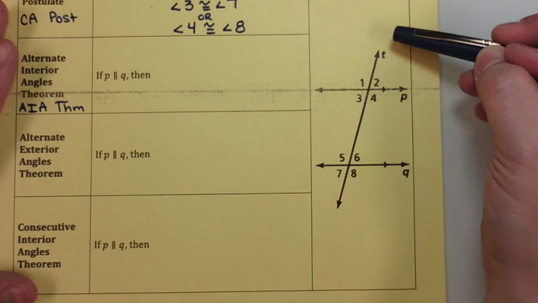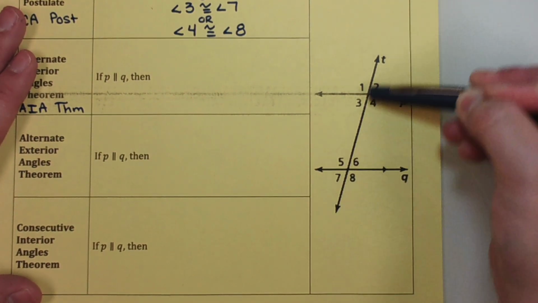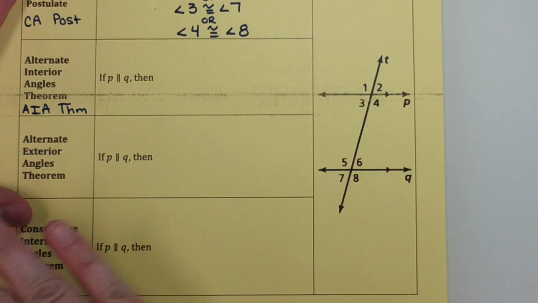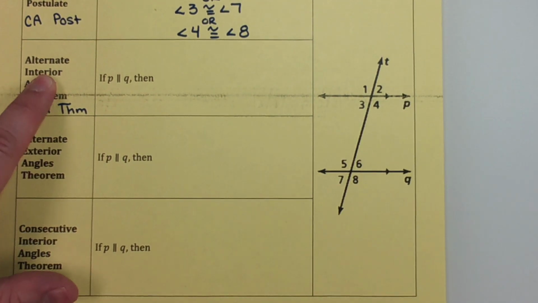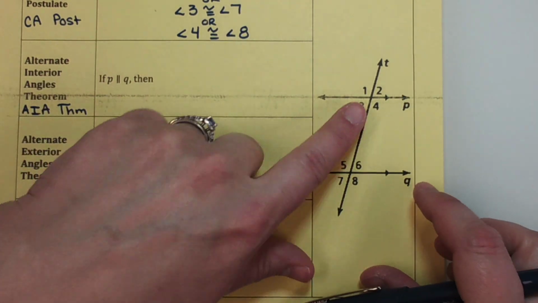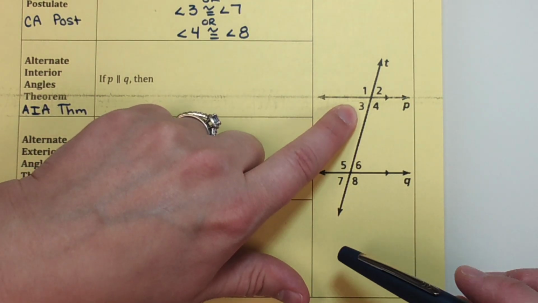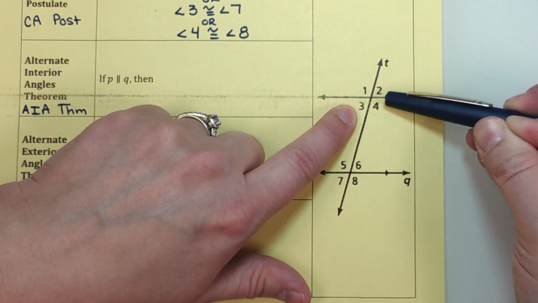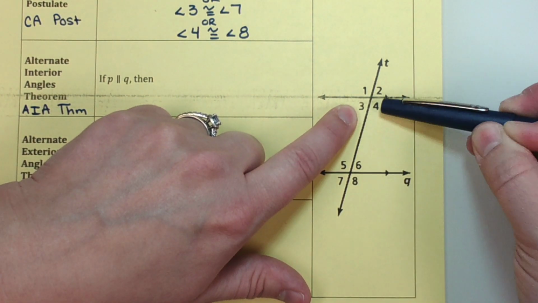Since our transversal here is the one that's the most vertical, it's not truly vertical. One of them's got to be to the left, one of them's got to be the right. Interior means they're between the parallel lines. So, angle 3 and angle, if I go across, I have either 4 or 6, but which one's the alternate interior? 4 or 6?